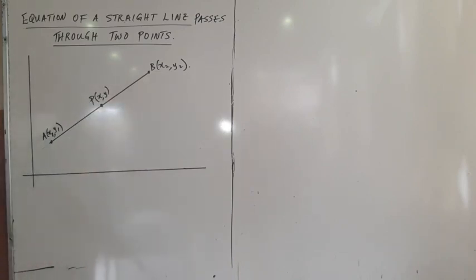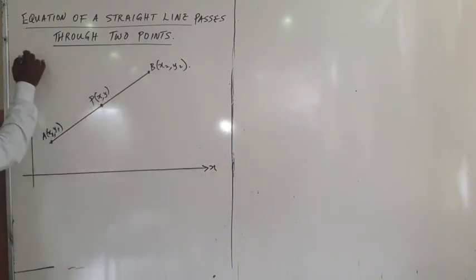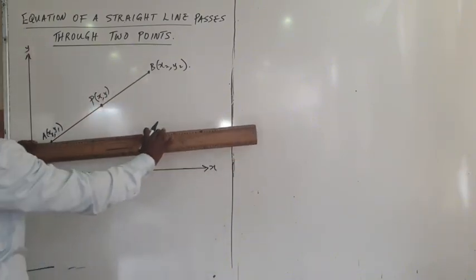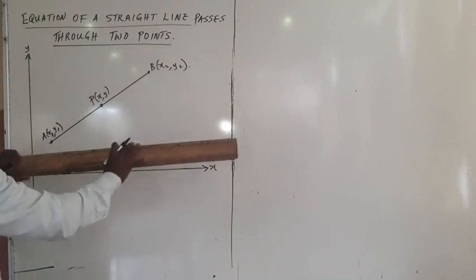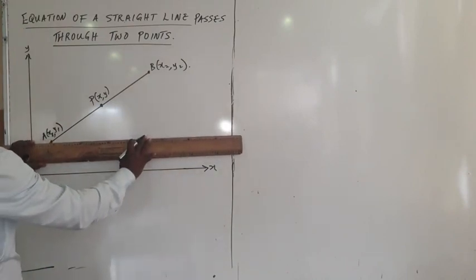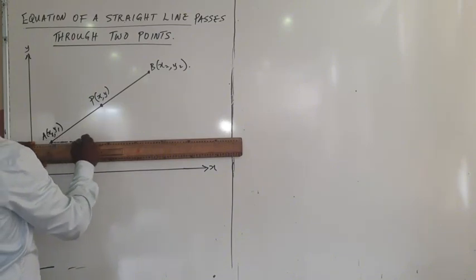So we now form a right angle triangle. This is the x-axis, and here is the y-axis. So we now form a right angle triangle along AB and along AP.